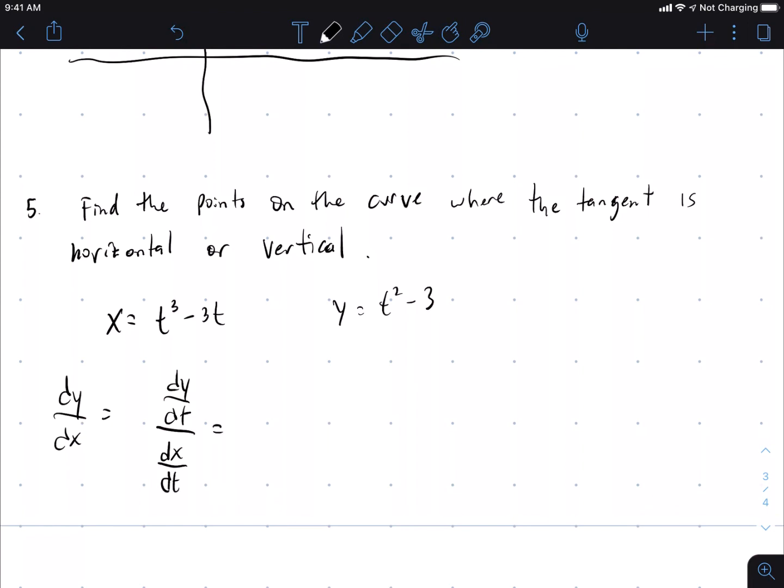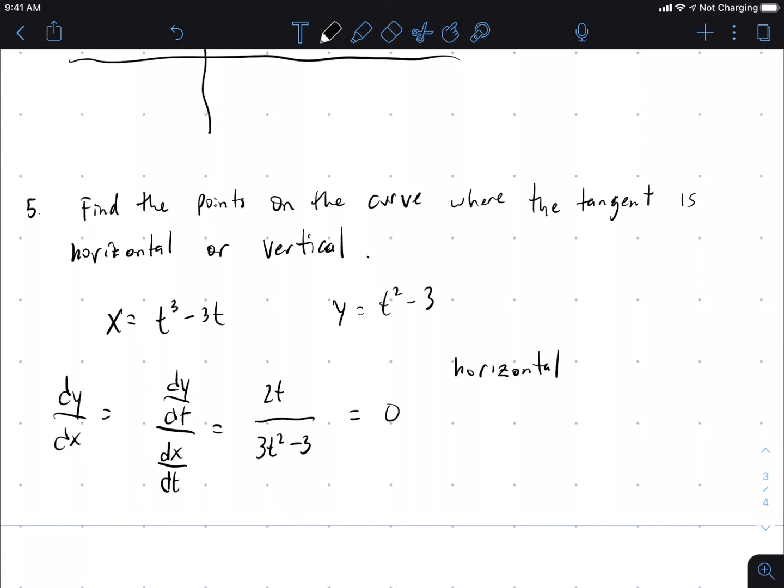So dy dt, is that going to be 2t? Over 3t squared minus 3? Yes. And this is supposed to be horizontal, so this thing has to equal 0 to get a horizontal. I'm just writing it down so you guys have that.